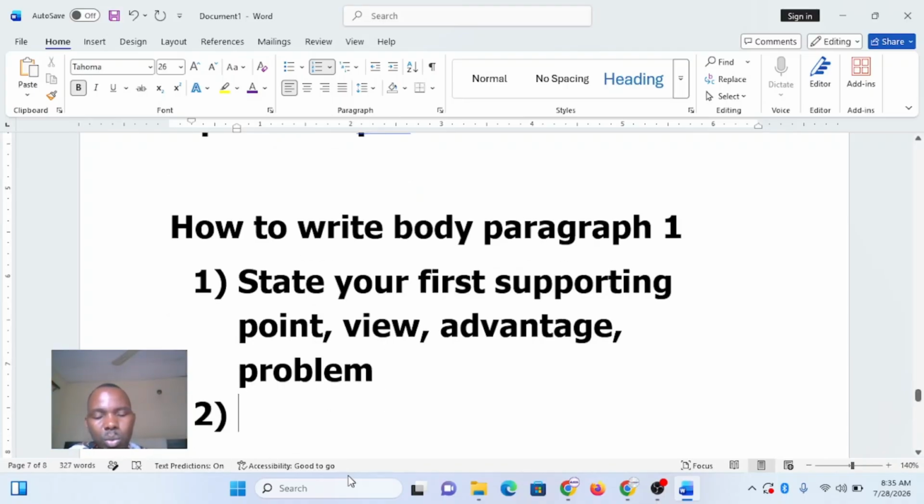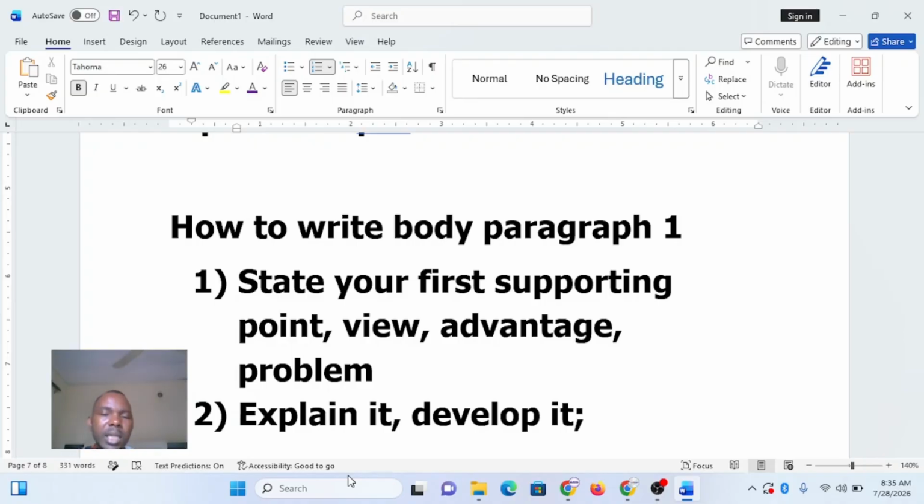Then number 2, you explain it. You develop it. That point you have stated here, explain it. Be careful when you are explaining not to go and be talking about something else.